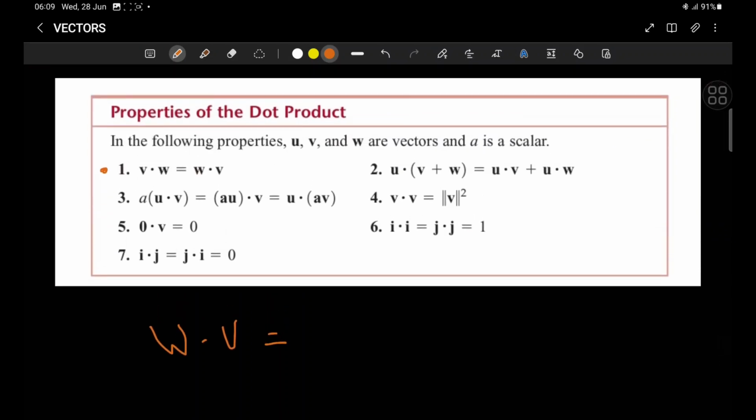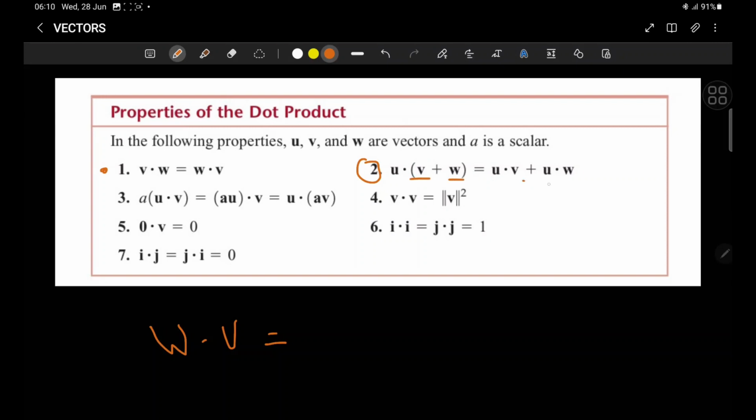Then we also have this property. If you have u dot other vectors inside the brackets, you have to get u dot each vector inside the bracket.